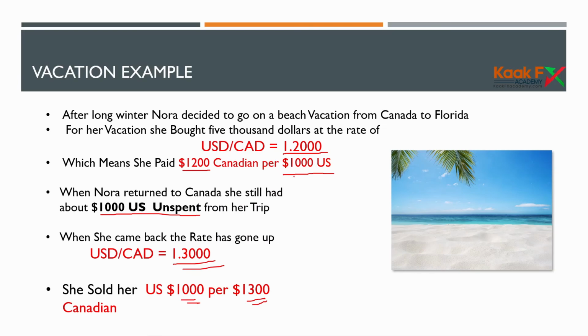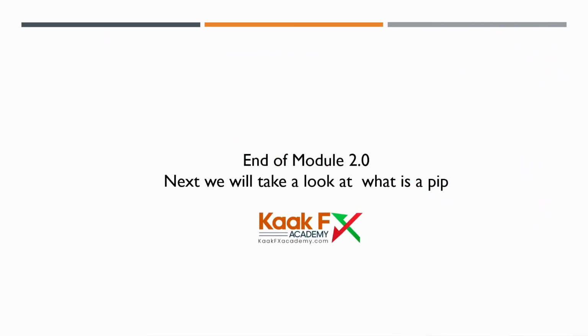Now she is receiving 1,300 because the rate has gone up to 1.3. So in the process, Nora has made about $100 in profit. Now this is impossible in real life in a 4-day or week vacation to Florida, but I'm just using it as an example. Okay, we are at the end of module 2. Next, we will be taking a look at what is a PIP.